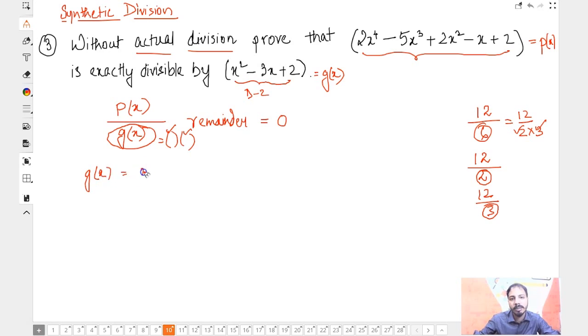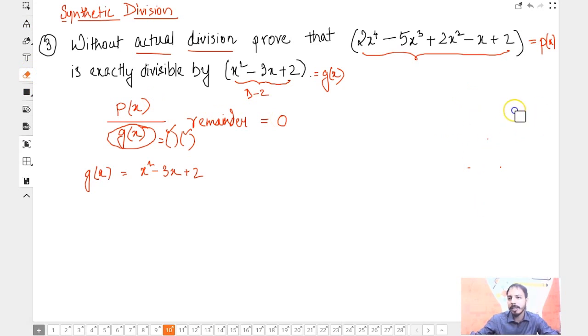So g of x is nothing but x square minus 3x plus 2. Again we can do the same thing. How to factorize this? This is very simple. But let me try to apply the cross multiply method which you have learned, right? So this is fun. 2 can be written as 2 into 1 and we need minus 3 here. That means we need to add, and here we have 1, which can be written as 1 into 1, very simple.